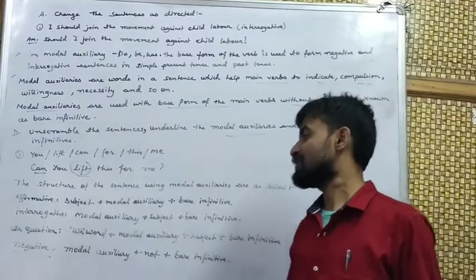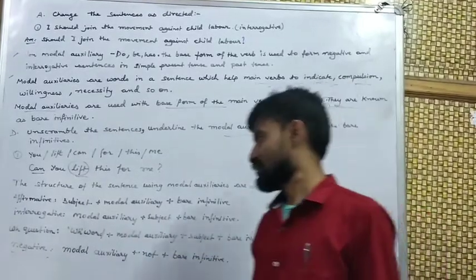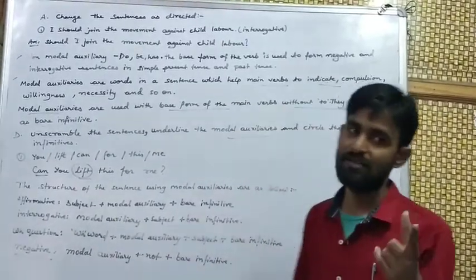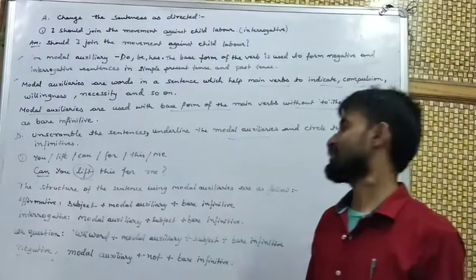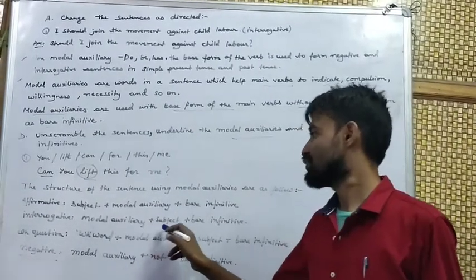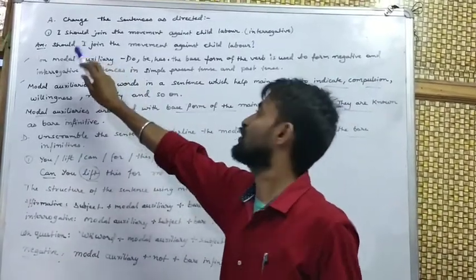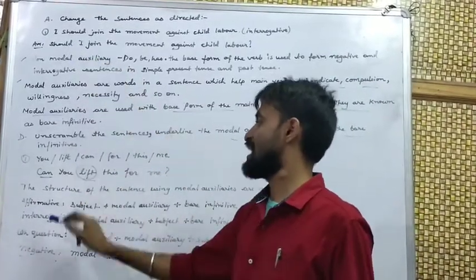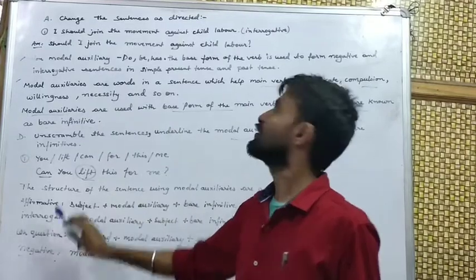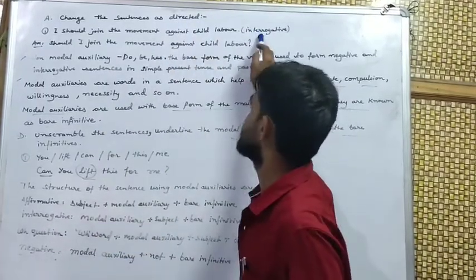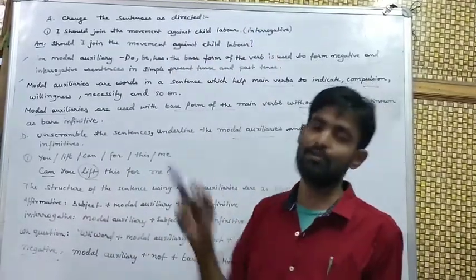Now the next format is the interrogative structure. The modal auxiliary should be first, then the subject. Just like in the first example, should is the modal, and I have taken it in interrogative form.